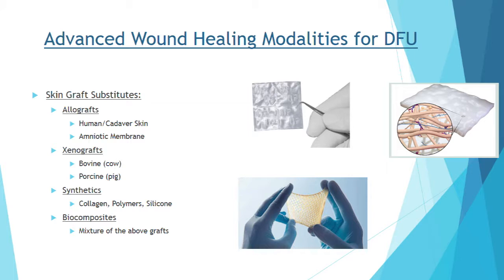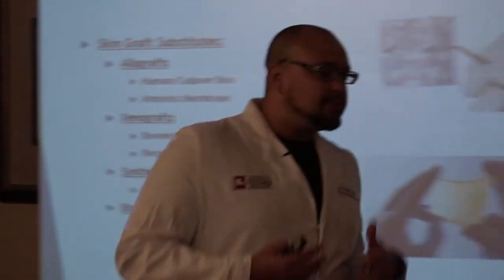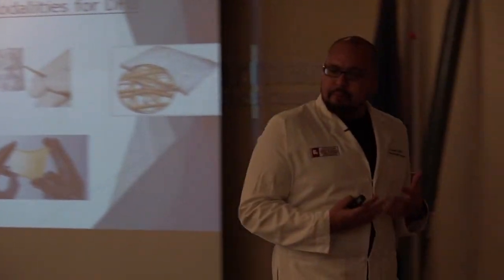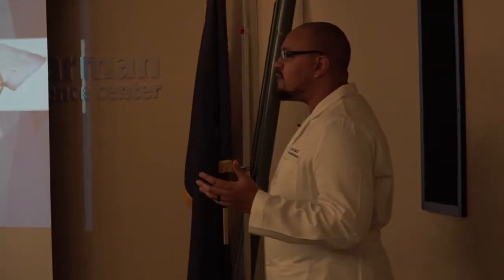Xenografts, bovine and porcine. Now before you guys go and tell your friends that Dr. Hall puts pig skin on patients, understand that from a histological perspective, pigs and cows and humans share very, very similar effects. In fact, some of you guys in this room might have a heart valve that's from a pig. This is a very, very common thing we use.